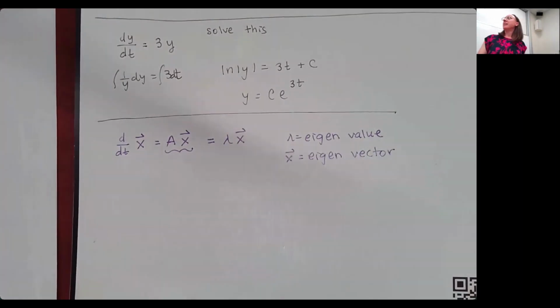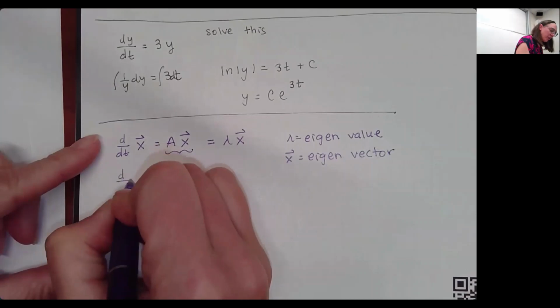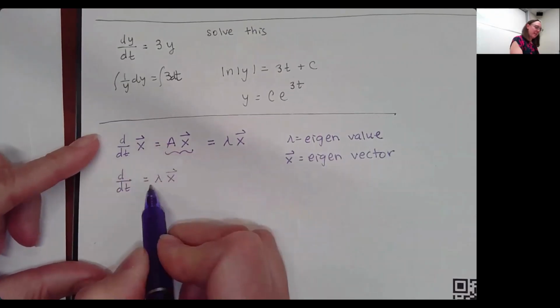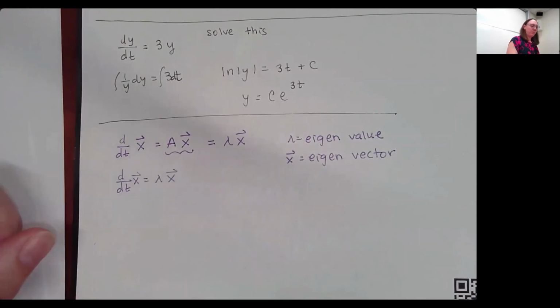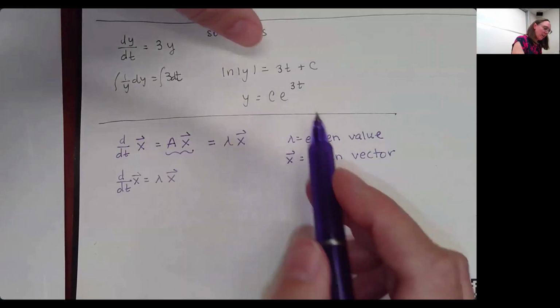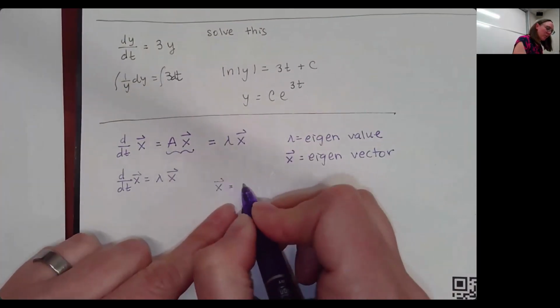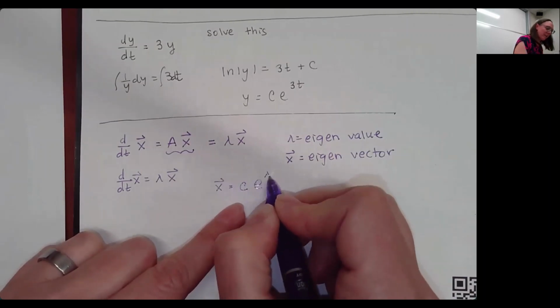Which means that if x is an eigenvector, I have a differential equation that looks like this, where that's a constant, and we already know what those solutions look like. Those solutions look like my vector is equal to some sort of constant times e to the lambda t.